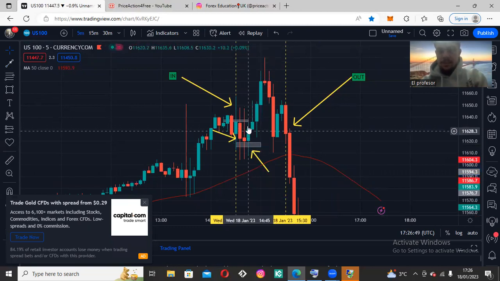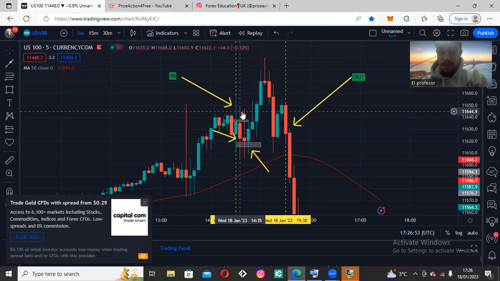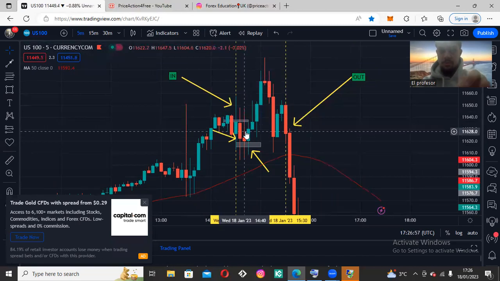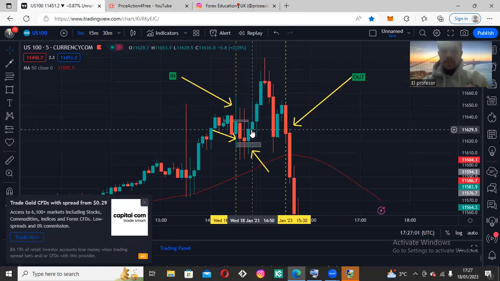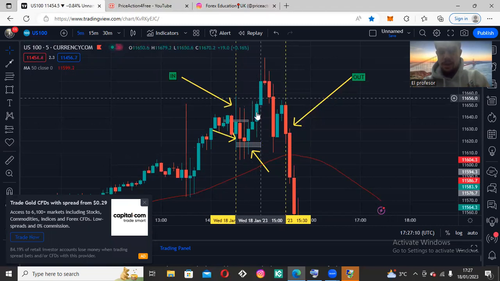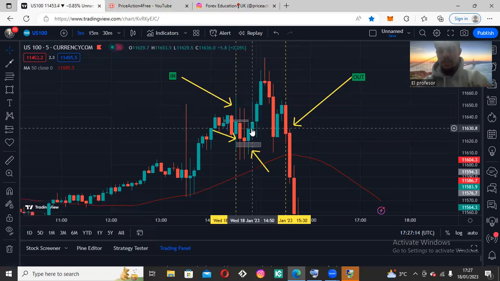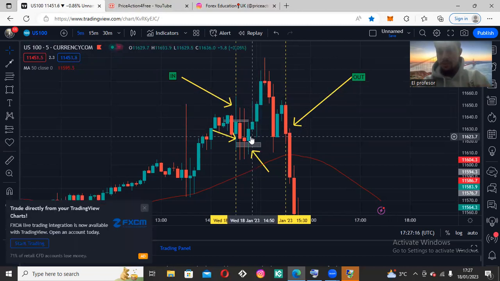But this candle did not break the previous high. This is very important for me to look at. The next candle creates a retest or a low, because obviously we are in a bullish momentum right here. So normally the candle creates the low first and then goes up.